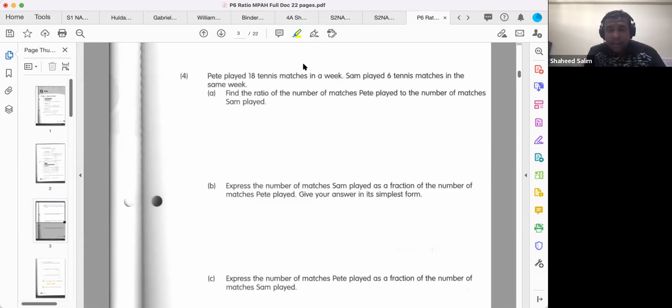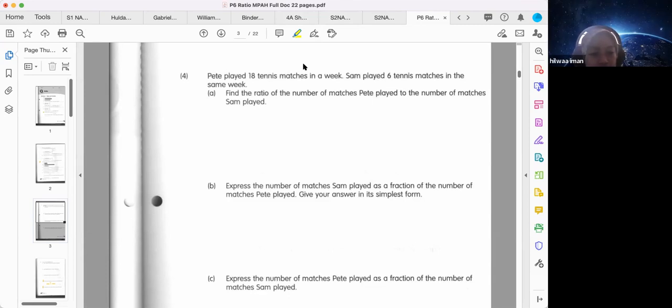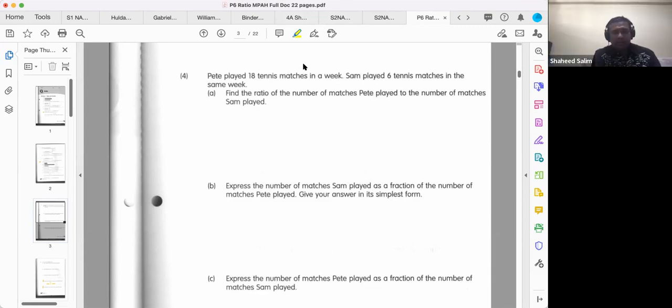Congratulations. Express the number of matches Sam played as a fraction of the number of matches Pete played. 6/18. Bring it to lowest terms. 1/3. Good, well done. The last one: express the number of matches Pete played as a fraction of the number of matches Sam played.